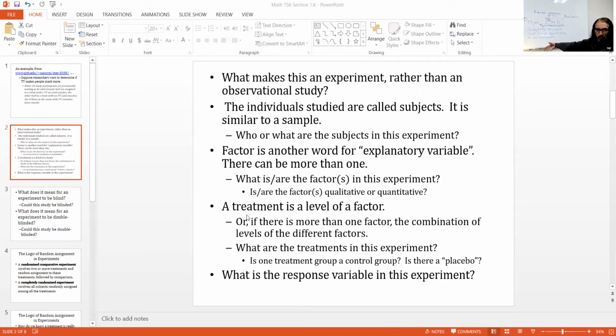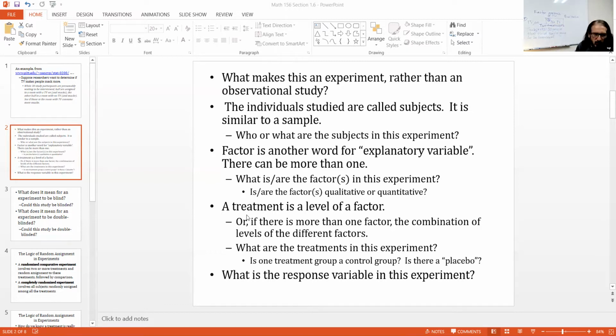Is it a job interview or some other type of interview? That's what they think they're there for, not for the experiment. And so not knowing what they're there for, I don't see any way that they could come up with a placebo for that baseline group.